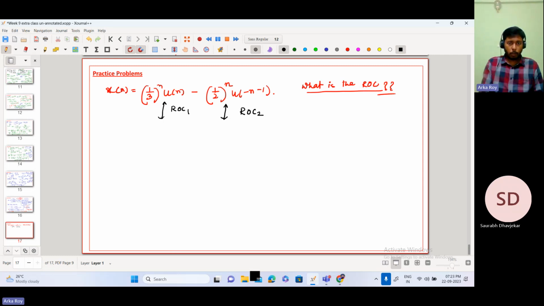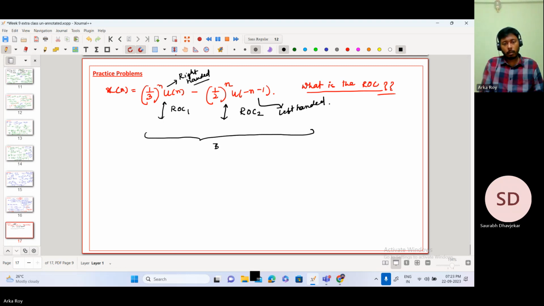From this, what we can observe is that this is a right-handed part and this is a left-handed part. Overall, the sequence is a both-sided sequence.